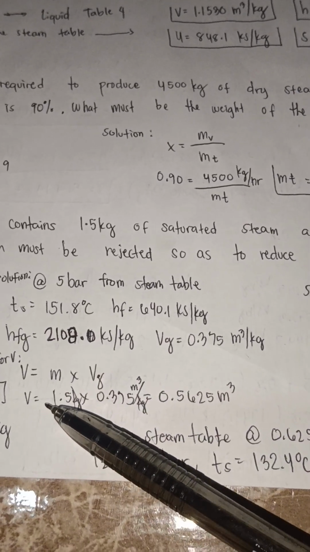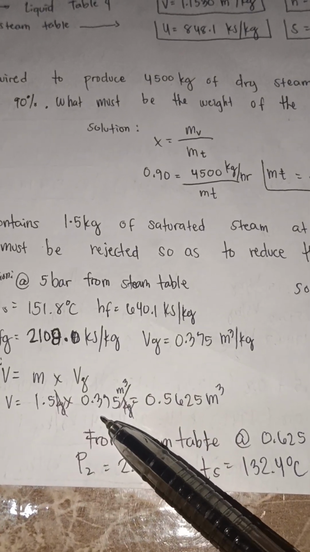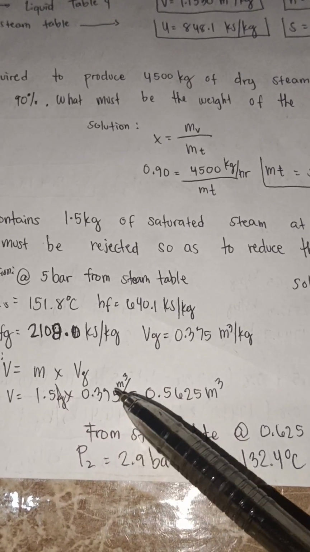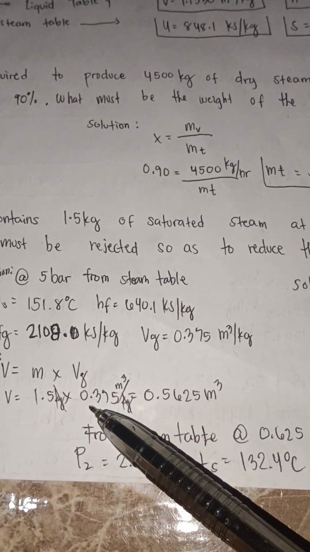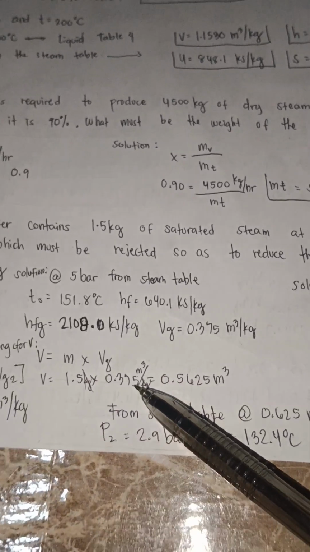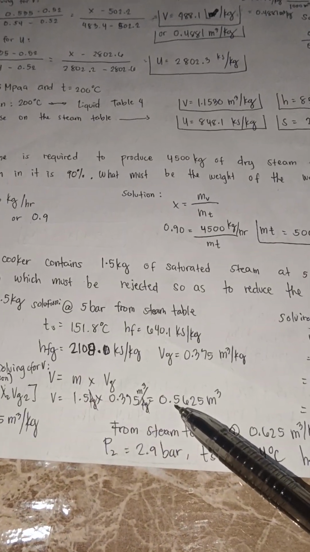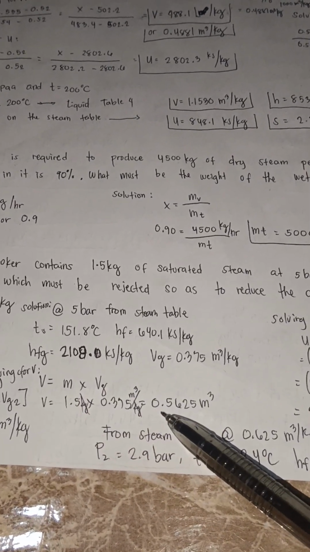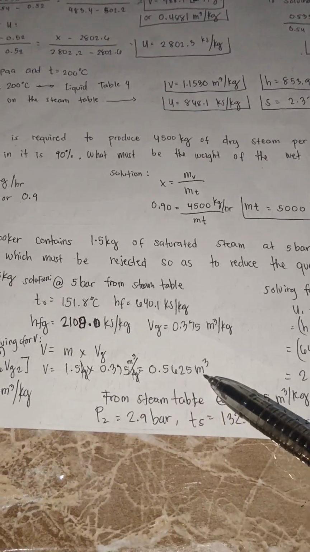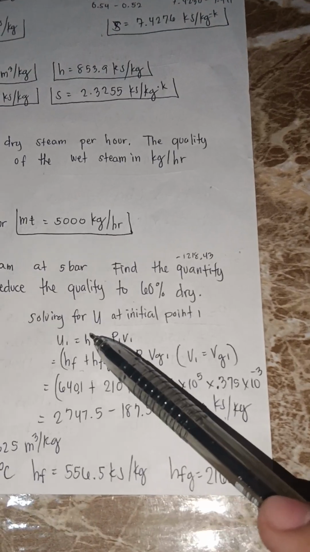Substitute the given values: volume is equal to 1.5 kilograms times 0.335 cubic meter per kilogram, cancel the kilogram, so the volume will be 0.5625 cubic meter.